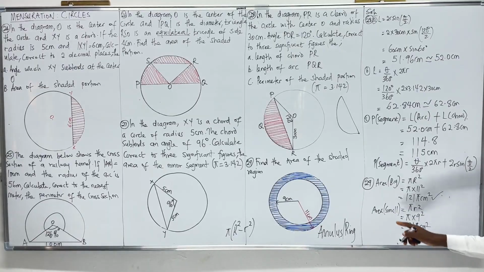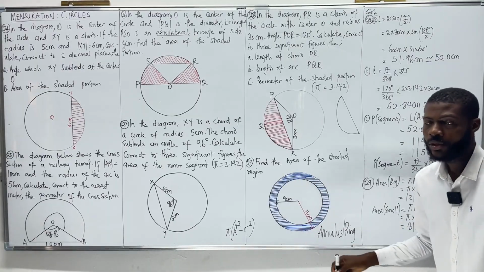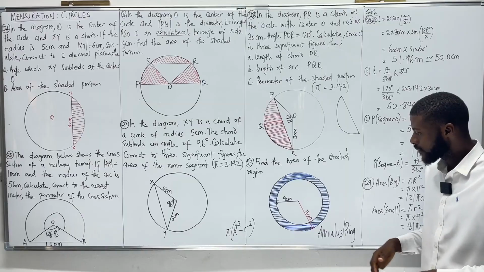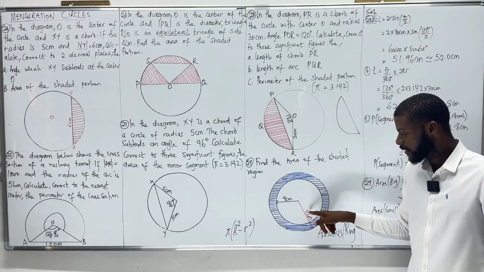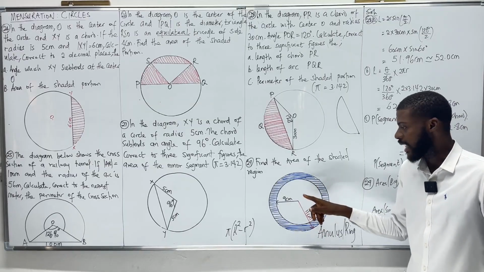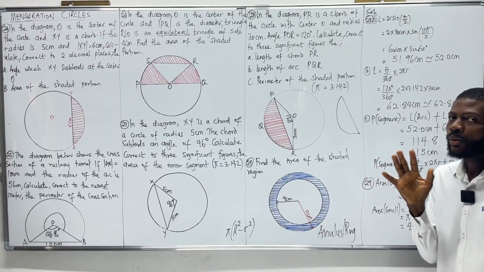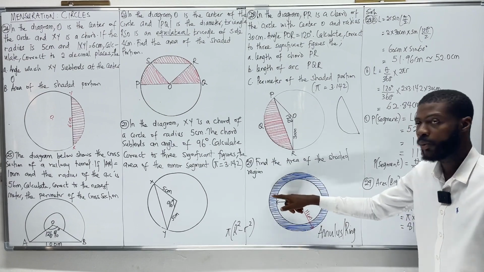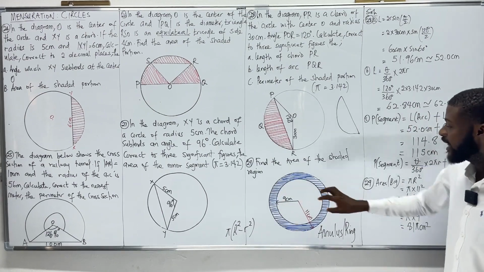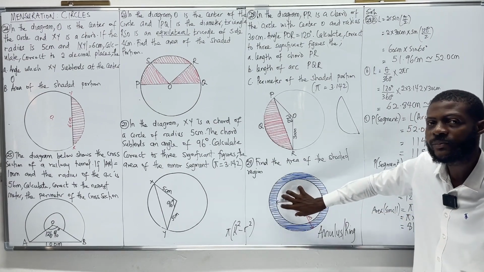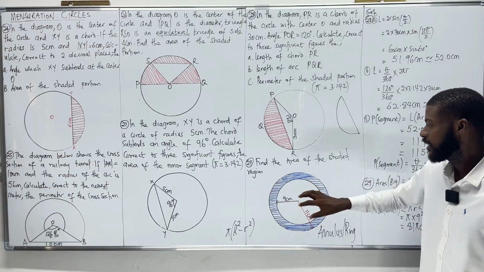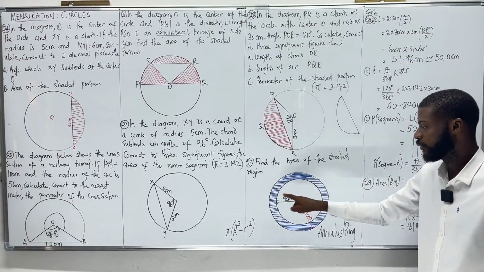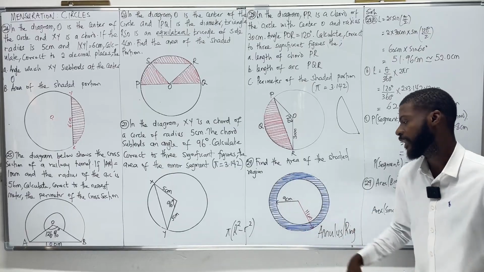So this is what we have. The shaded region you can see that it's in between the big circle and the small one. So here it is. The big circle has this area. Then another circle is occupying some space. What this means is, if you can remove this small circle, you can be able to find the area of this shape here.